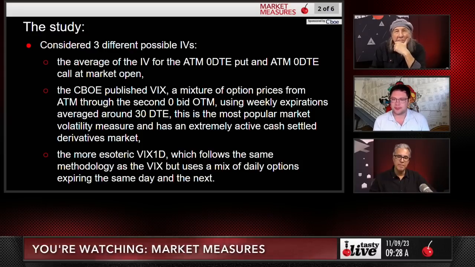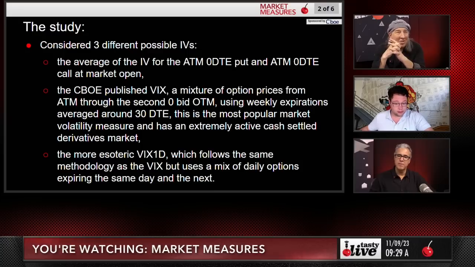That's the question. So we considered three possible implied volatilities. The average of the implied volatility for the at-the-money 0DT put and the at-the-money 0DT call at the market open. We used the CBOE published VIX, a mixture of option prices from the at-the-money through the second zero bid out of the money, using weekly expirations, averaged around 30 days to expiration.